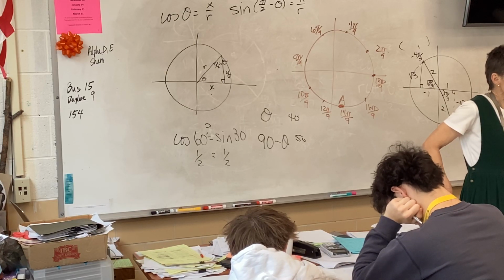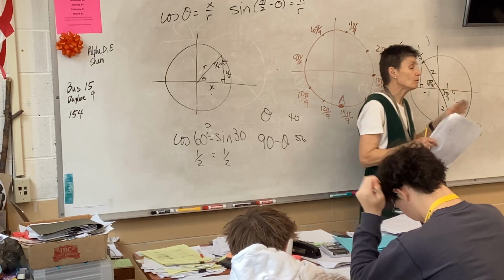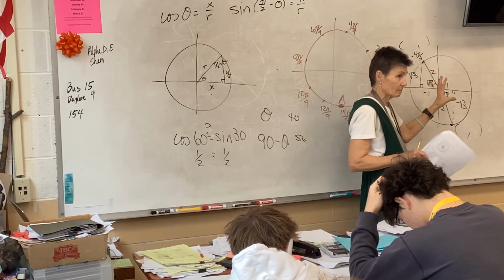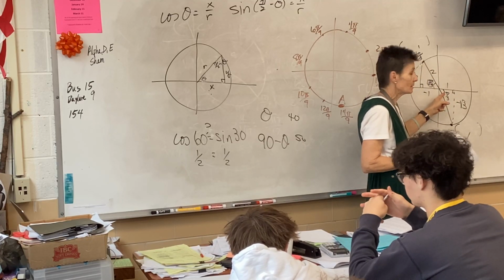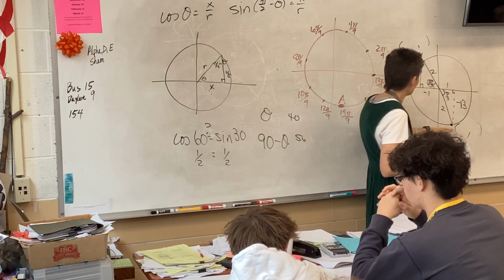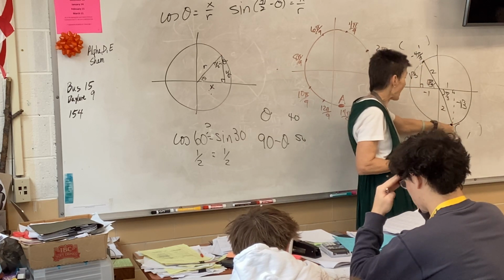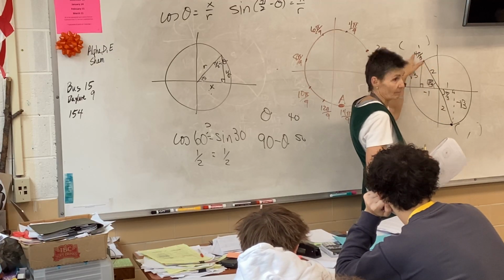Are coterminals the same as reference angle? No. A reference angle is when I draw the picture, this little angle right here is the same size. So with my angle, I didn't mark this, but that's your angle, 5 pi over 3. That angle, and this was 2 pi over 3, and -4 pi over 3.